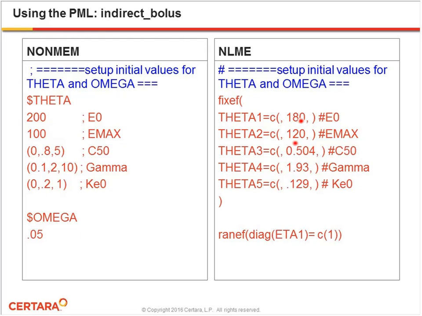But for NLME, we are really trying to avoid putting any boundaries on the fixed effects, since the algorithm should handle this without any boundaries set. And the random effect is specified in PML using the random statement. It's a diagonal block, okay, it's just one random effect, eta 1, and that is initially set to 1.